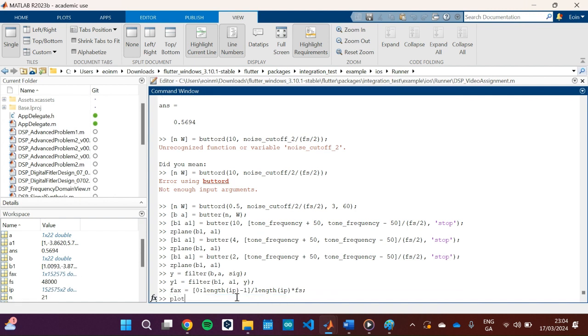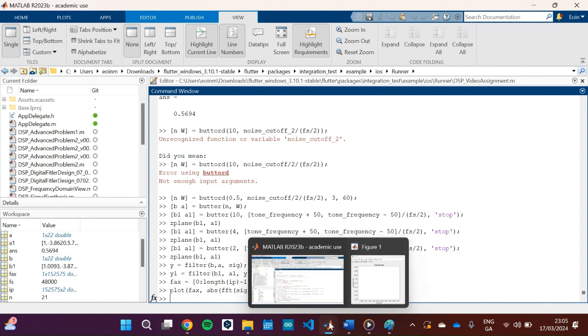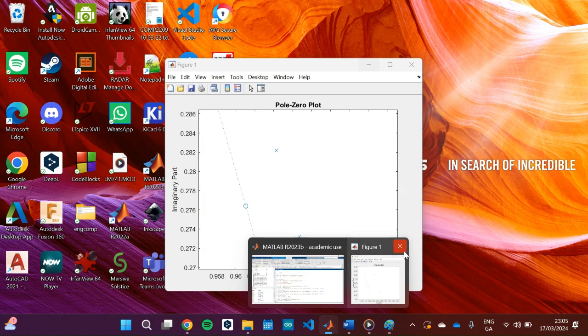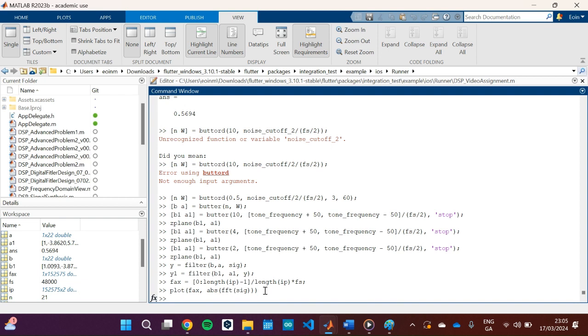Now I'll plot the frequency axis versus the absolute value of the FFT of the signal to show the magnitude content. How does that look? Have I got that right? But FAX, absolute value of it. Yeah, that should work.